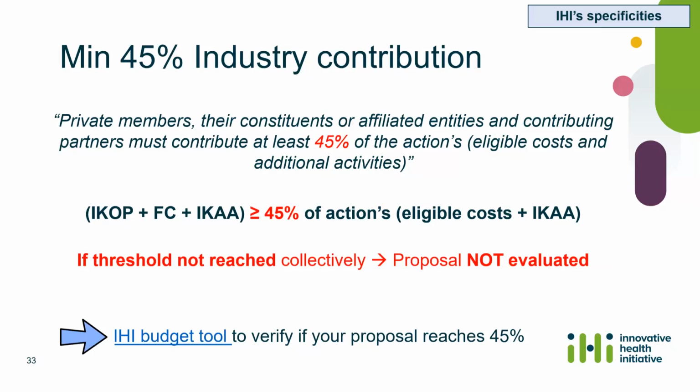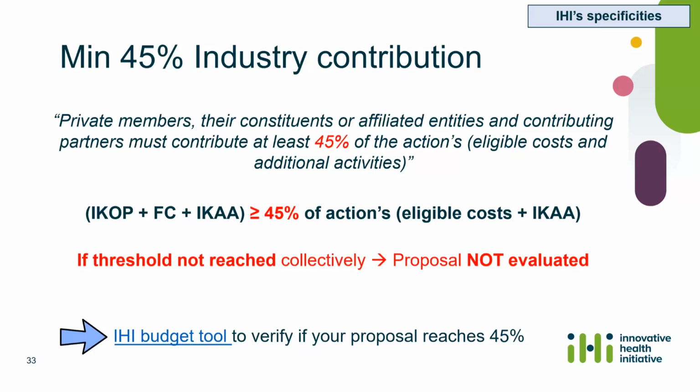And so if the threshold is not reached collectively, it's an issue because the proposal is considered not eligible and will therefore not be evaluated. So we've developed a tool at IHI to help you verify quite easily if your proposal reaches the 45%.